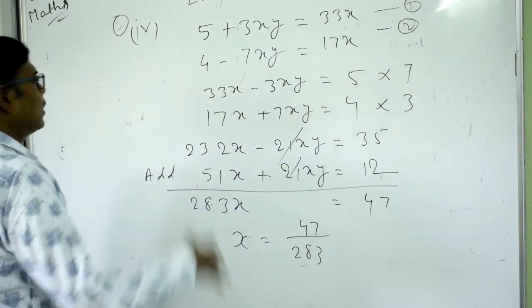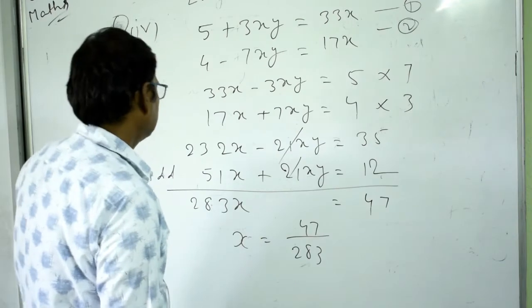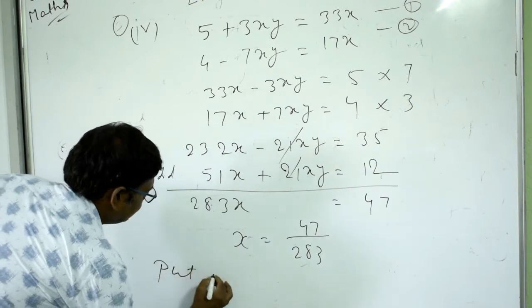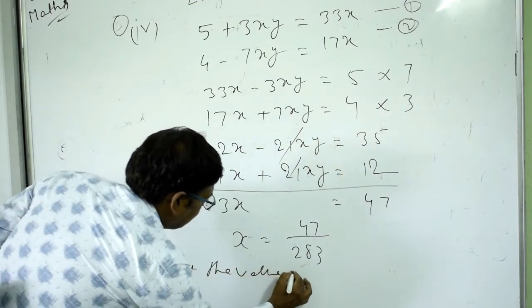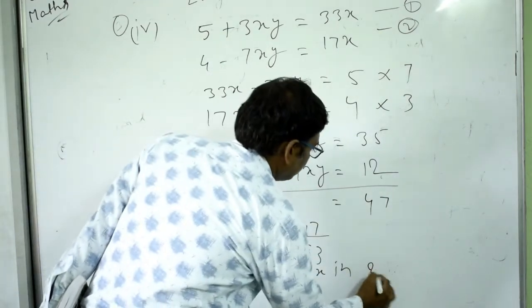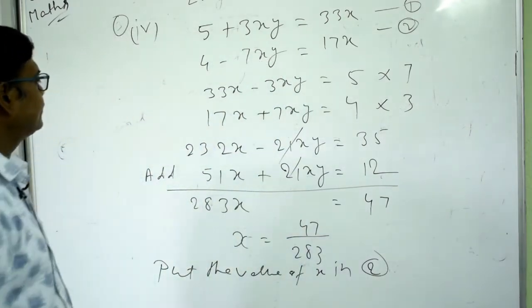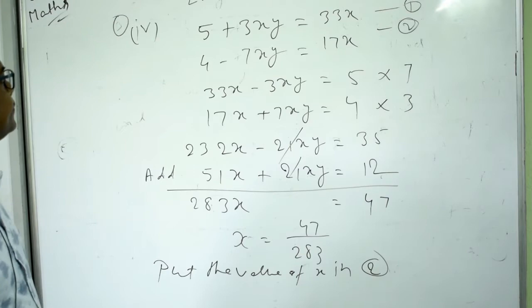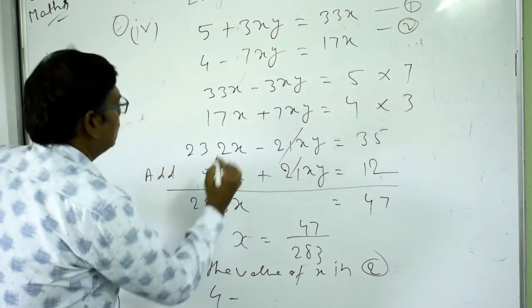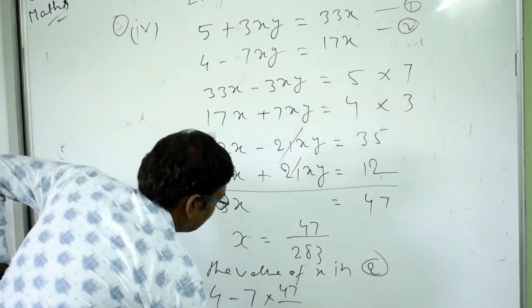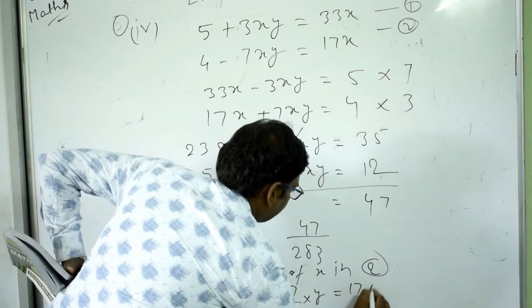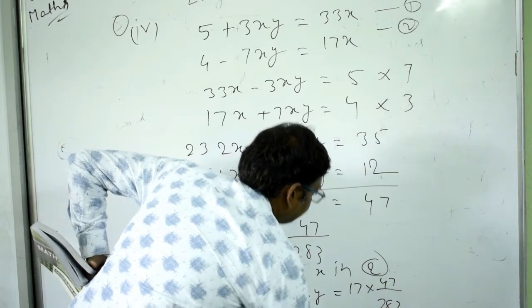Now put the value of x in another equation and then we will get the value of y. Put it in equation 2, suppose. You will put in 2, then it will be easier. So here in equation 2 you have 4 minus 7 into 47 by 283 into y equal to 17 into 47 by 283.